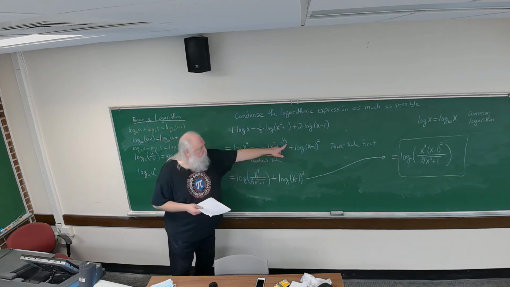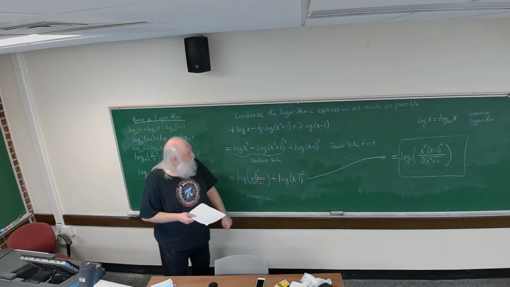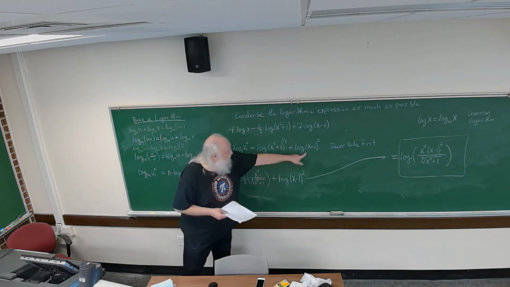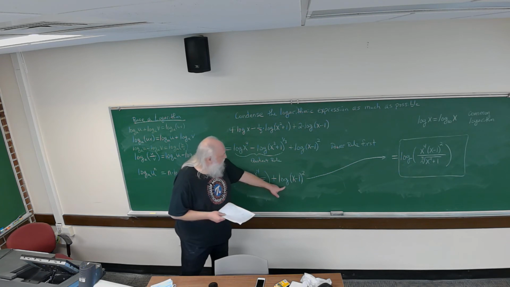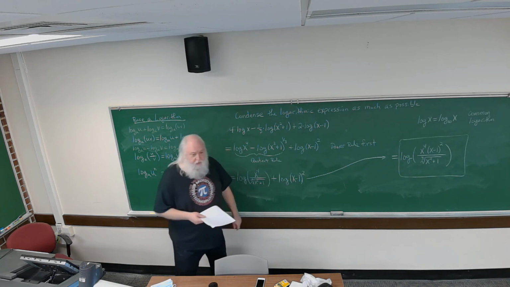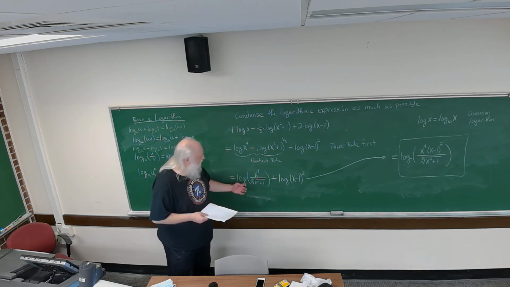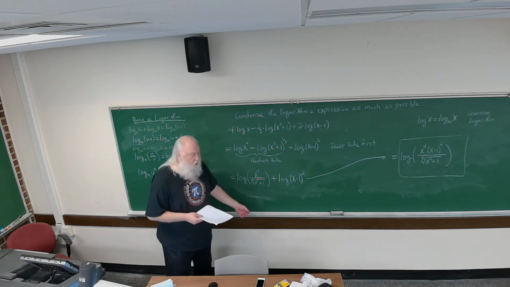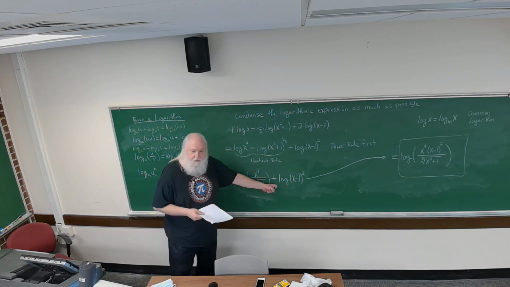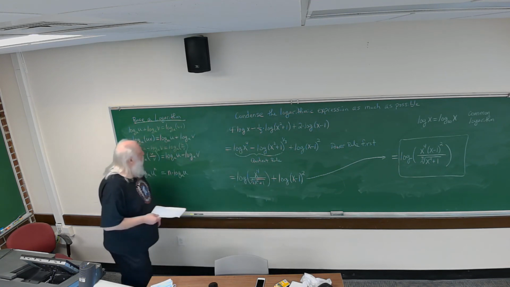Remember, anything raised to the 1/3 power means cube root. And then we have plus log of x minus 1 squared out here on the end. Well, now we're down to the sum of 2 logs, and we can condense this sum of 2 logs into 1 log using the product rule.